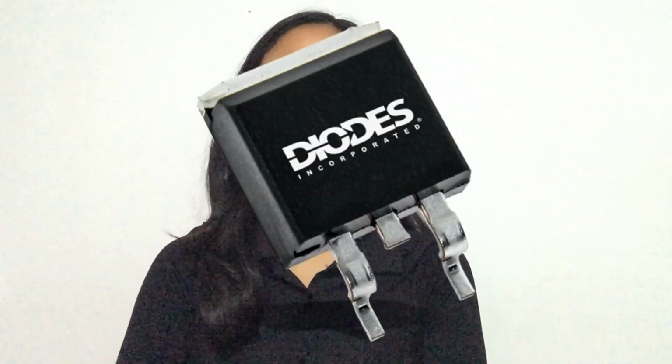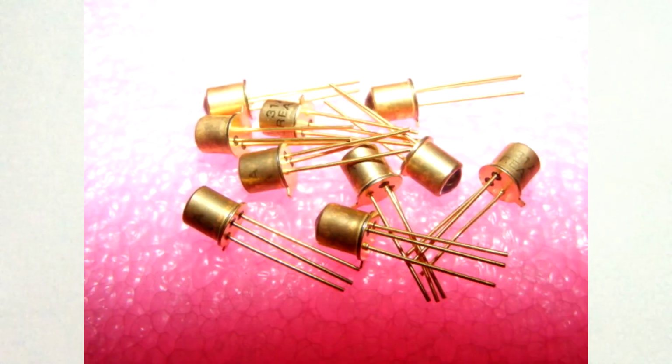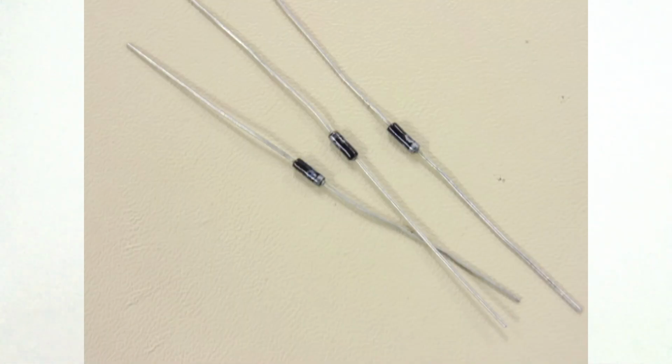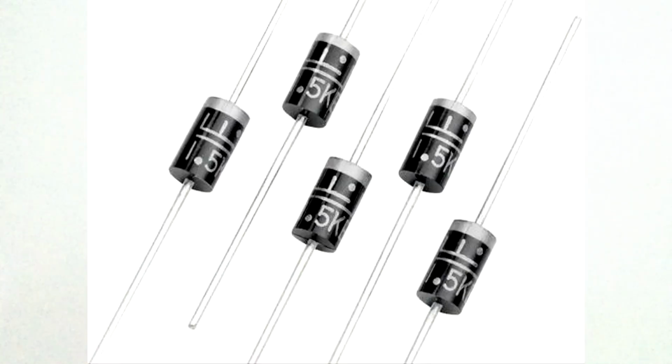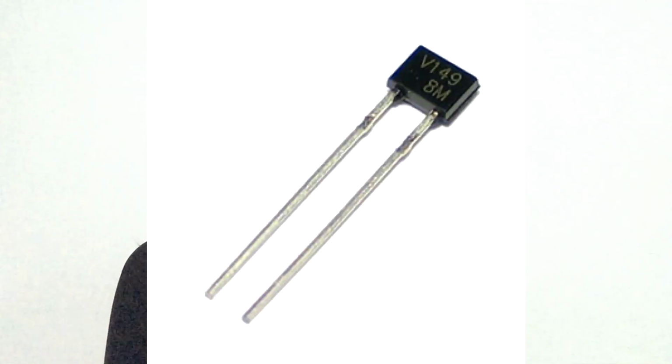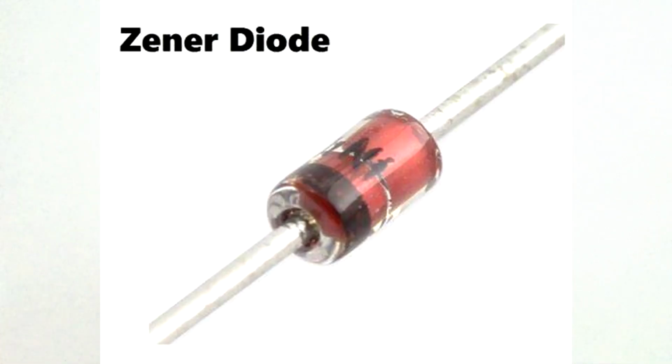And we have super barrier diodes, gold doped diodes, snap-off or step recovery diodes, stabilizers or forward reference diodes, transient voltage suppression diodes or TVS, tunnel diodes or Esaki diodes, varicap or varactor diodes, and the well-known Zener diodes.